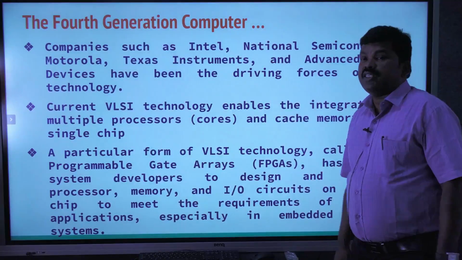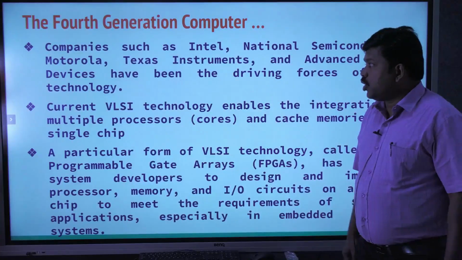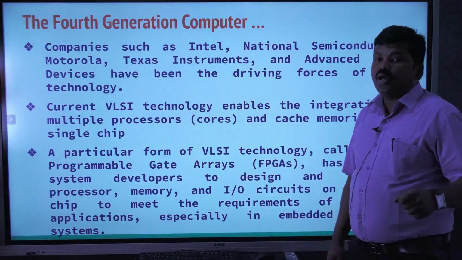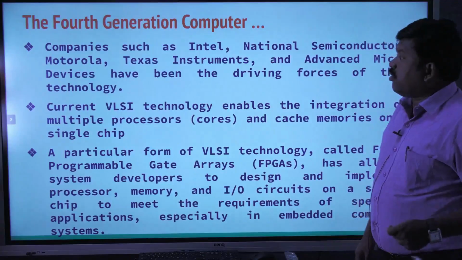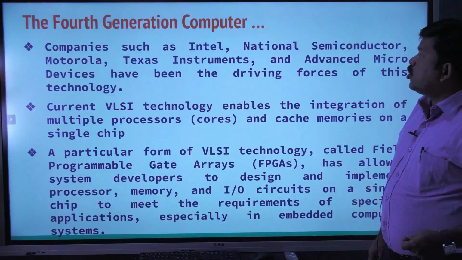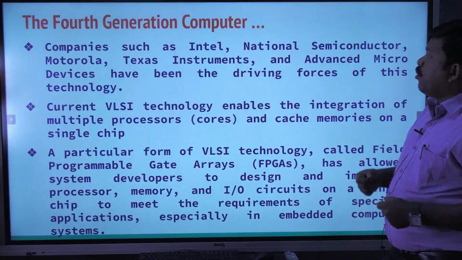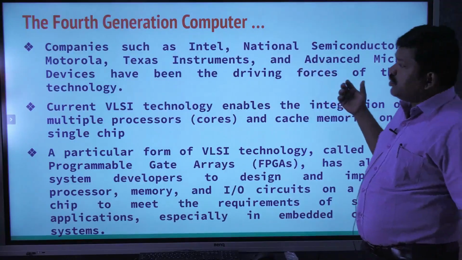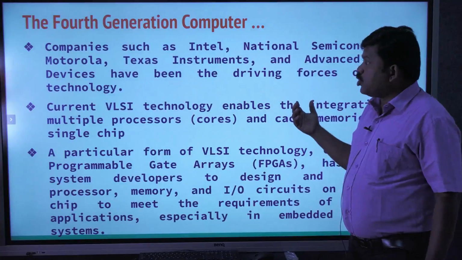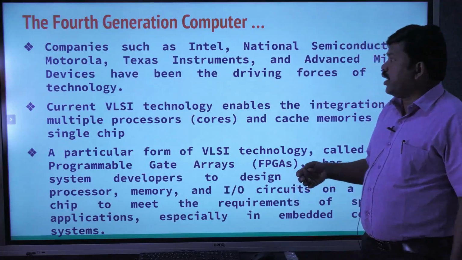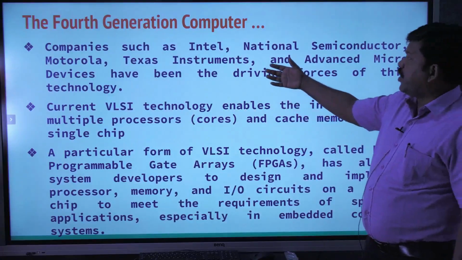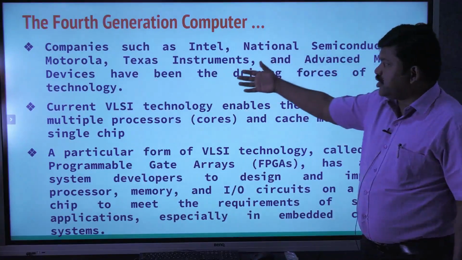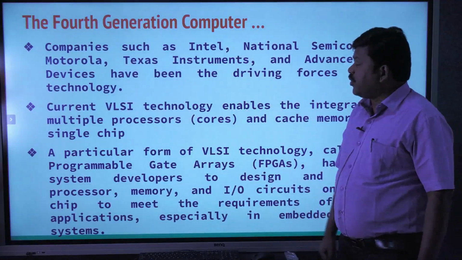Especially Intel, Motorola, and Texas Instruments contributed well to the development of VLSI technology, so that the modern processor concept comes from these companies. Now almost all the processors in the computers of the world today are manufactured by this industry, especially Intel.